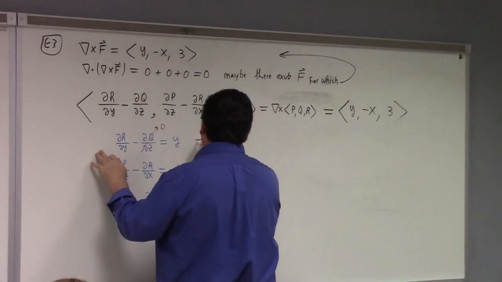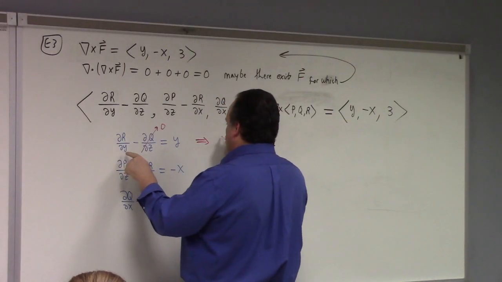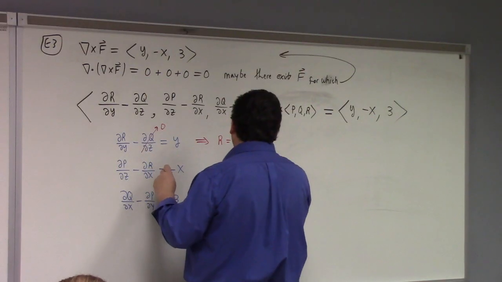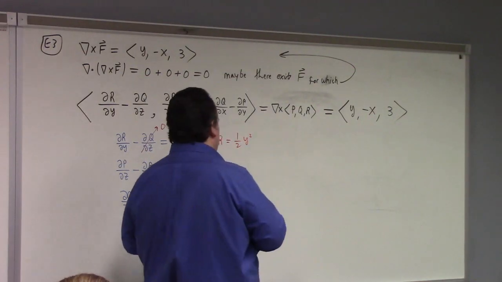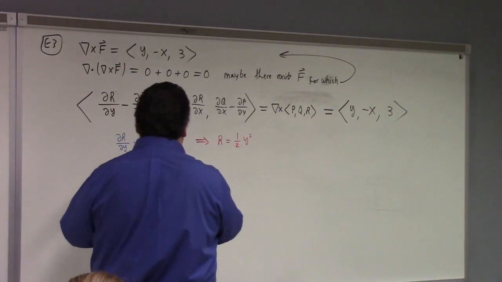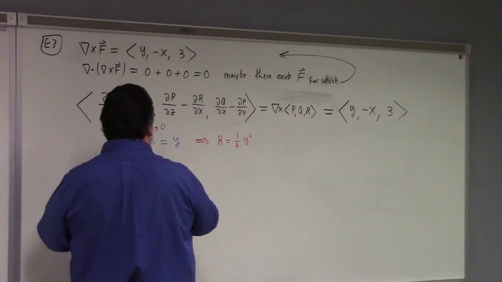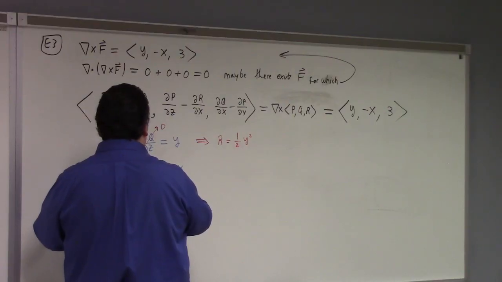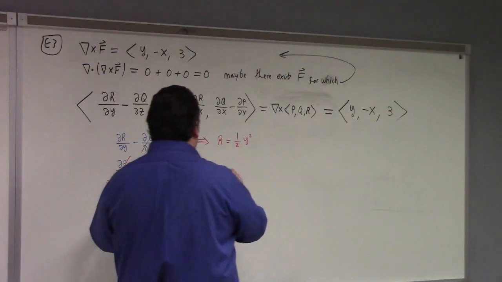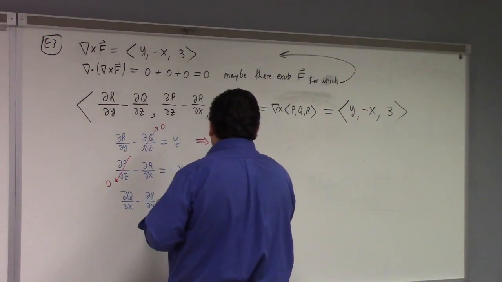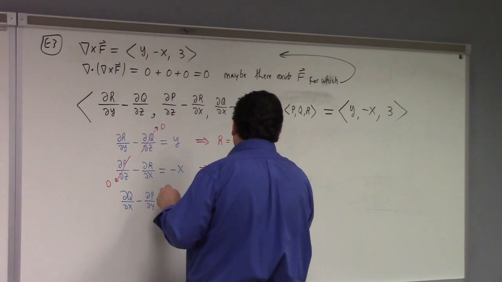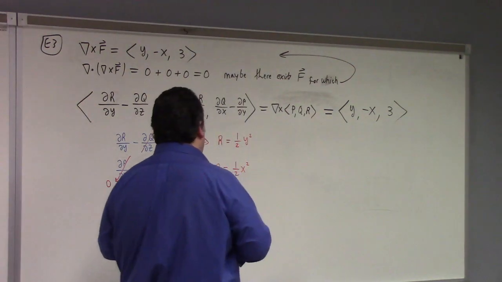If I do that, that tells me that I should make R equal to like 1/2 y squared, right? That'll do it. All right, and then to solve this one, if I want to make partial P partial Z 0, let's say, then that tells me that I want to make R equal to 1/2 x squared, right?